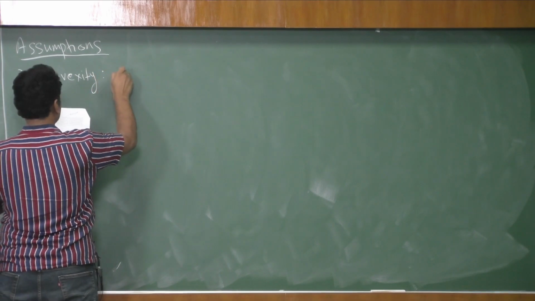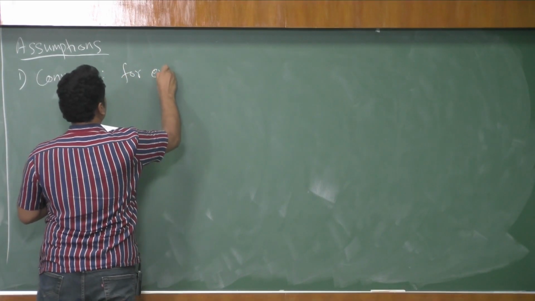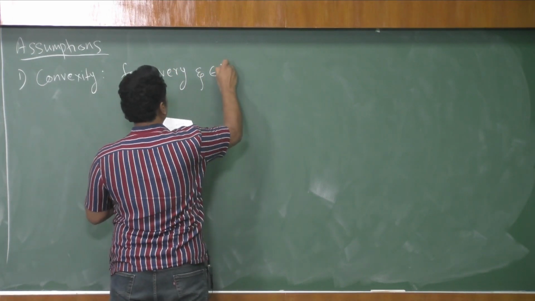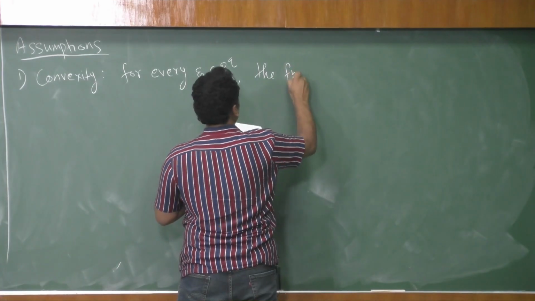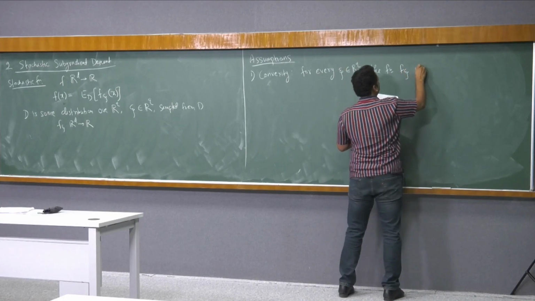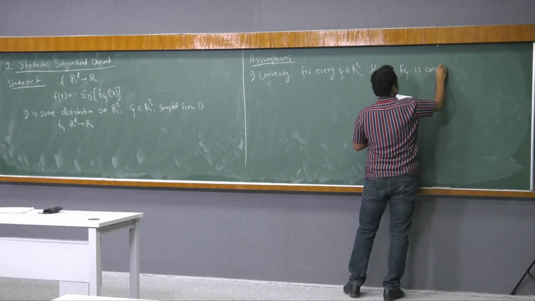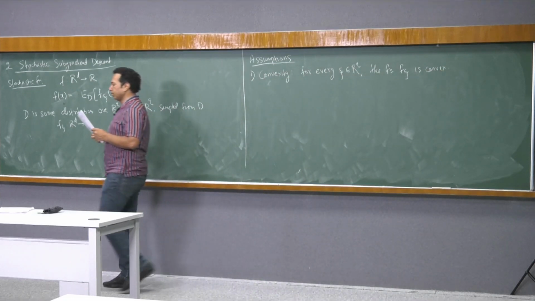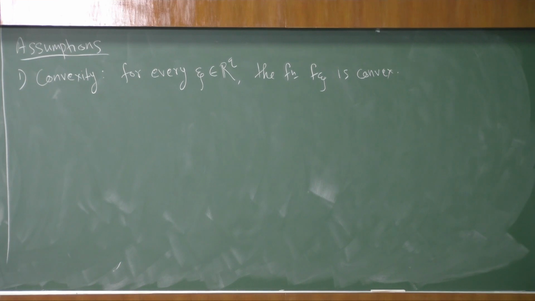So this means for every xi in R^q, f_xi is convex. Okay, so we are trying to extend the definition of convexity now. What does it mean for a stochastic function to be convex? A stochastic function is convex when it is convex for every possible choice of the random variable xi.